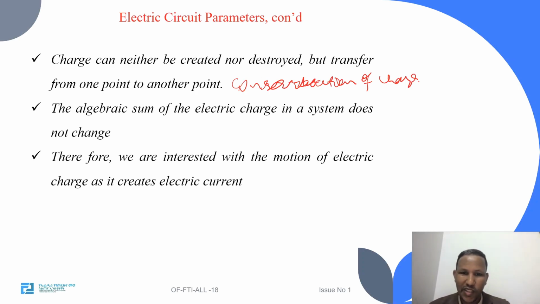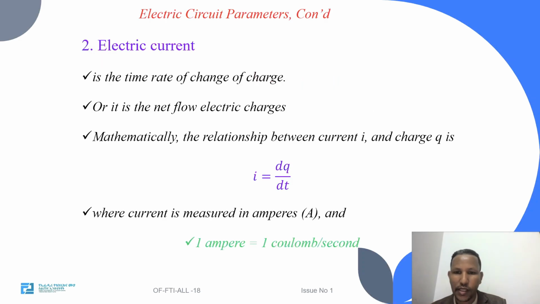Therefore, we are interested in the motion of electric charge, as it creates electric current in an electrical circuit. As far as there is a motion of electric charge, definitely there will be electric current in the circuit.